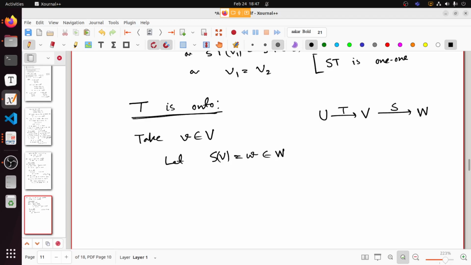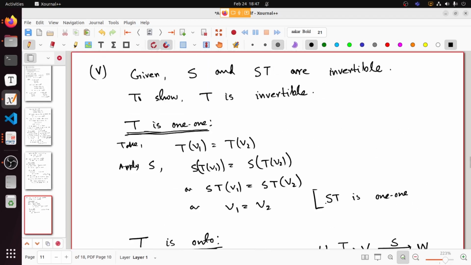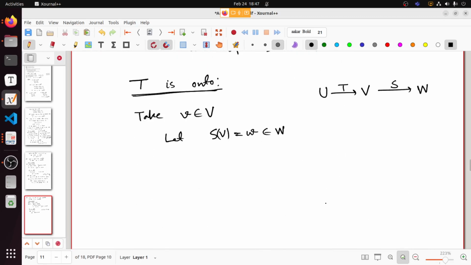Now what do you also know? S is invertible, right?